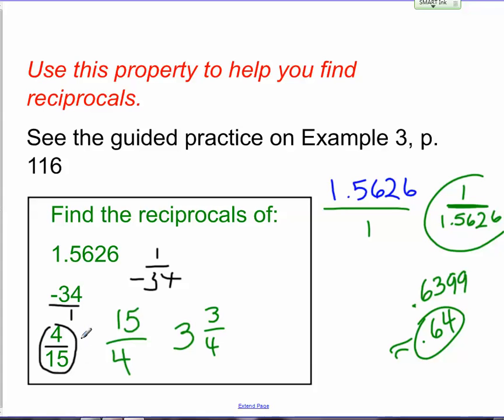I just flip it upside down and I get 15/4. You could rename that to 3 3/4, or you can just leave it as 15/4. Remember, 4 times 15 is 60, 15 times 4 is 60, and 60 divided by itself is 1, which is what makes these two numbers reciprocals.